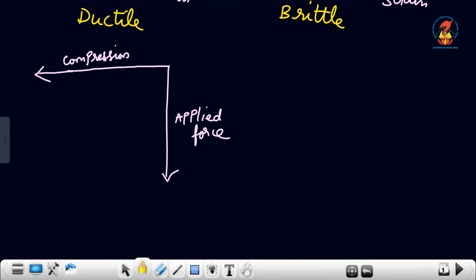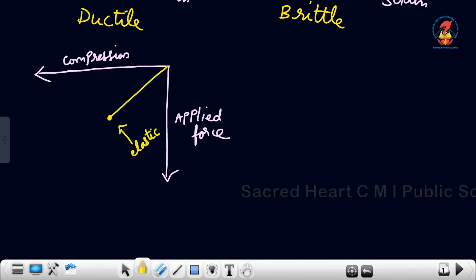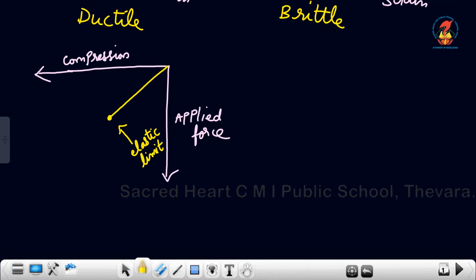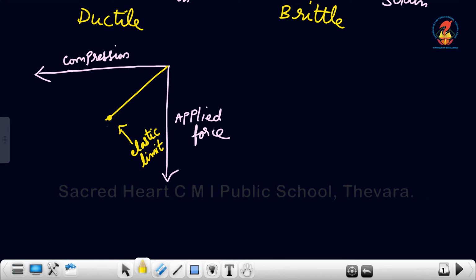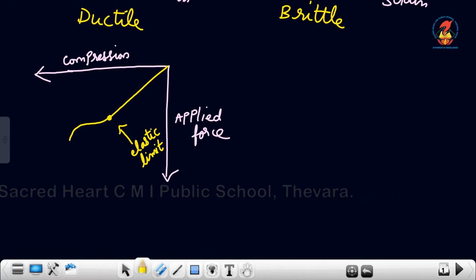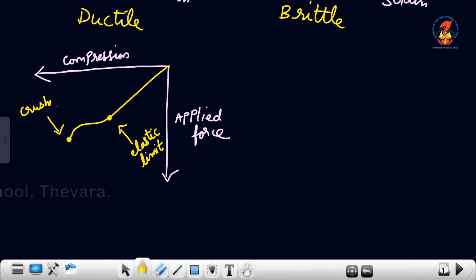When you compress also, the body will reach the elastic limit. After reaching the elastic limit, the body will show plastic behavior. This point is called the crushing point.